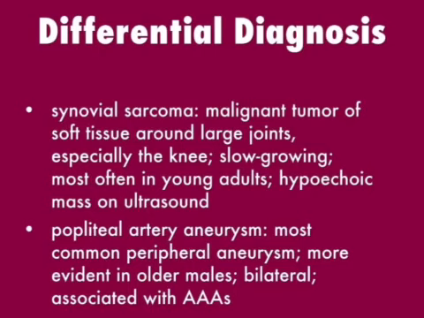And it appears on ultrasound as a hypoechoic mass rather than an anechoic mass that a Baker's cyst will present as. The popliteal artery aneurysm is the most common peripheral aneurysm, and it's more evident in older males. And unlike a Baker's cyst, it'll be bilateral, so it'll be on both the right and the left legs. And it's associated with abdominal aortic aneurysms.